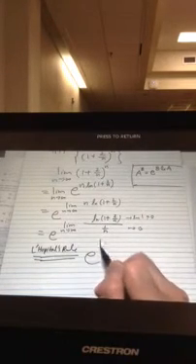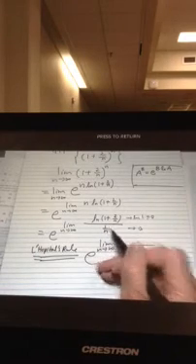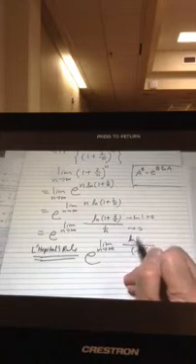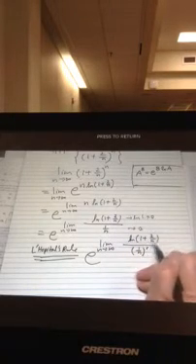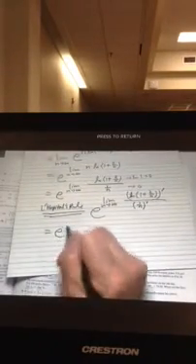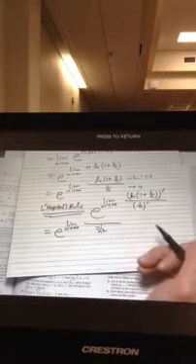So e to the limit as n goes to infinity, differentiating the numerator and the denominator. Let me do it slowly. The derivative of 1 over n is negative 1 over n squared.